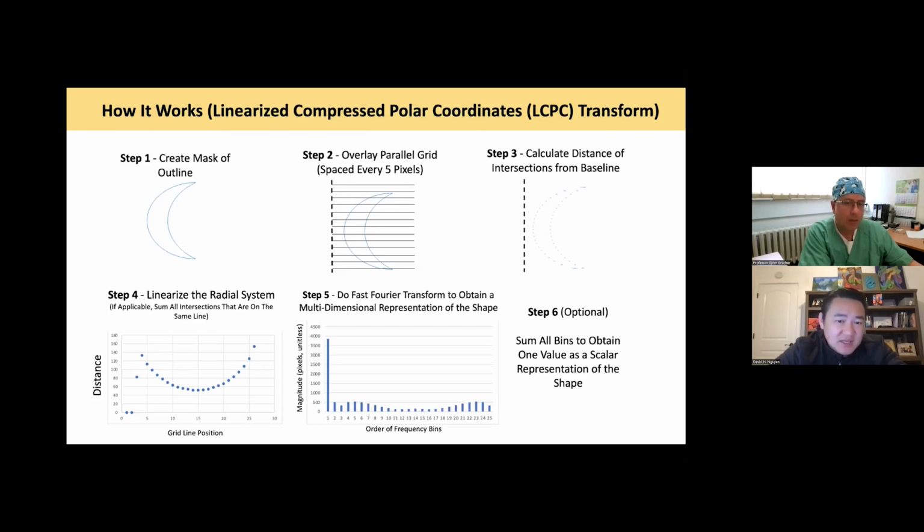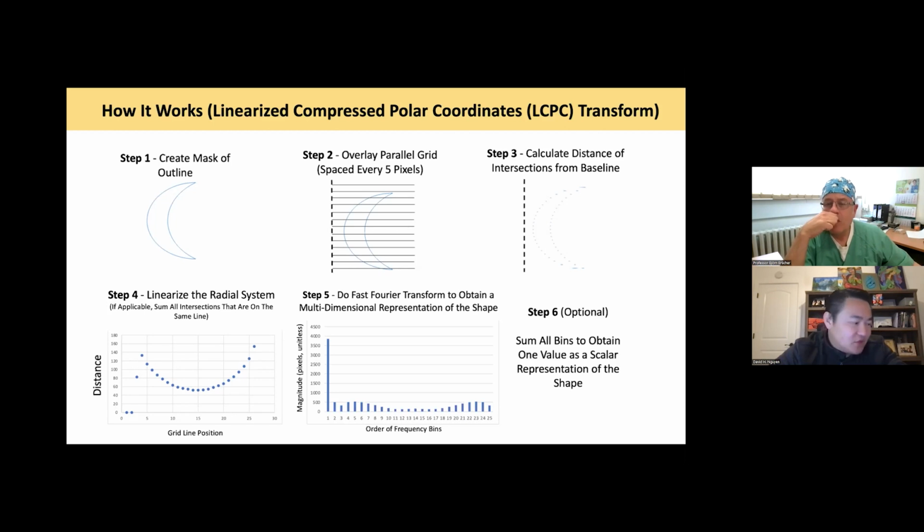In this case, for the crescent object you see at the top, each grid line intersects the object twice. So for all intersections on the same grid line, we sum them into one value, which is why in step 4 there's only one dot for every x position.